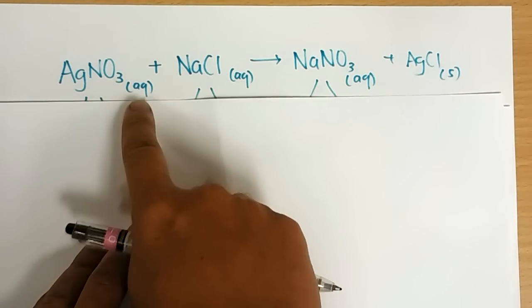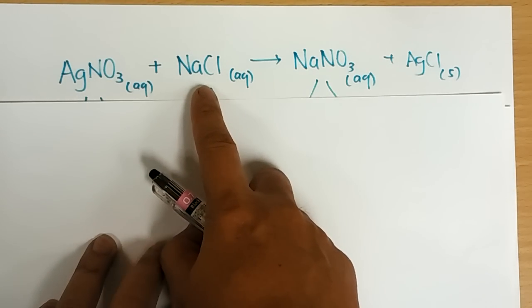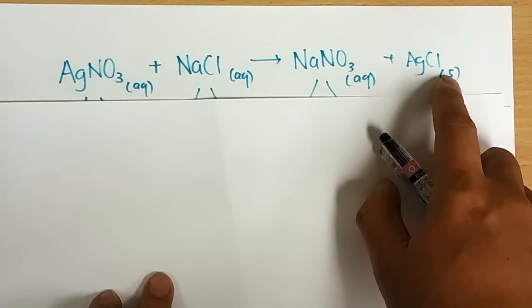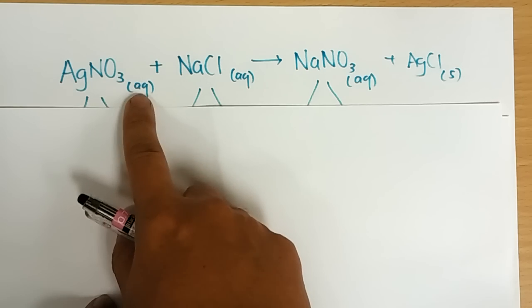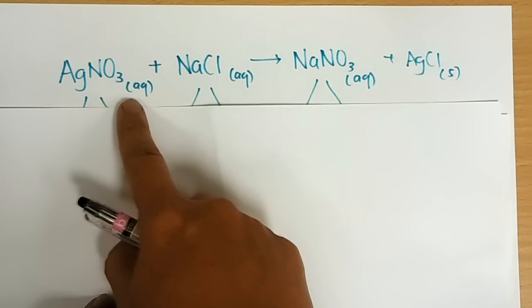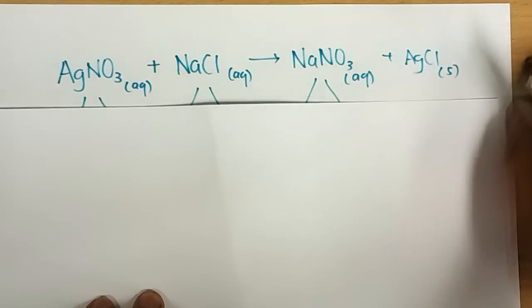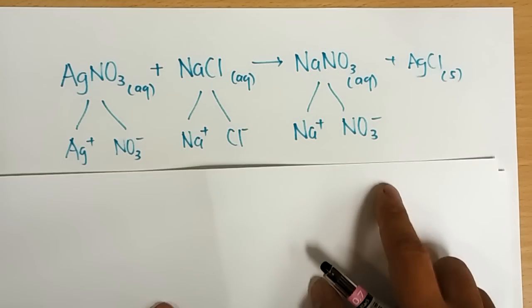Next we have a precipitation reaction with silver nitrate and sodium chloride. What happens is a precipitate of silver chloride will form. So check: the equation is balanced, state symbols written down. AgCl is a solid, it's insoluble, so it doesn't break up, and this is what you get.